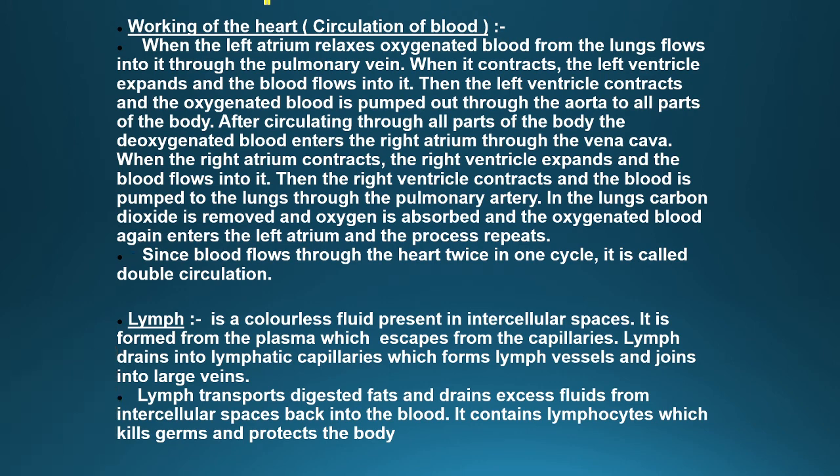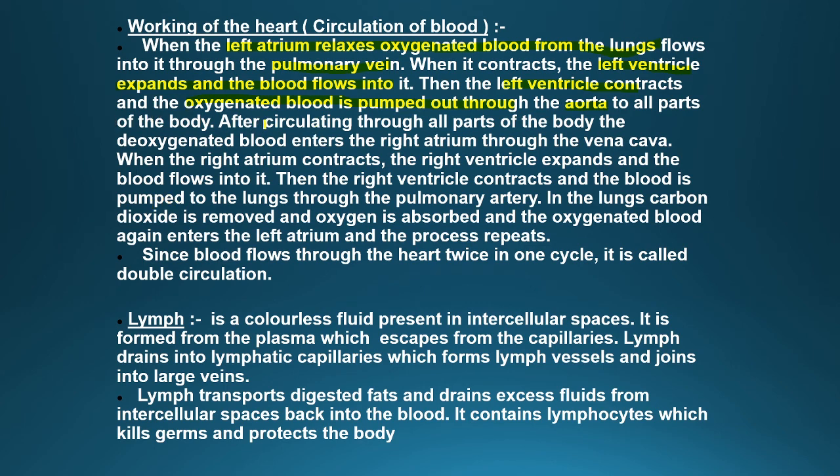I'll just explain it. The left atrium receives oxygenated blood from the lungs, which flows in through the pulmonary vein, as I told you. And when it contracts, the left ventricle expands and the blood flows into it. The left ventricle contracts and the oxygenated blood is pumped out through the aorta to all parts of the body.